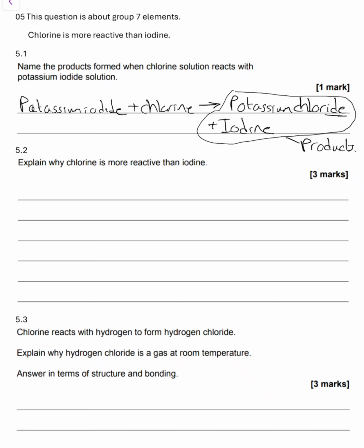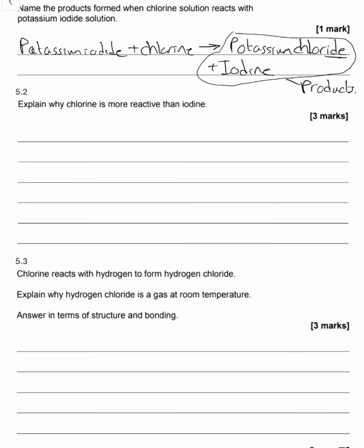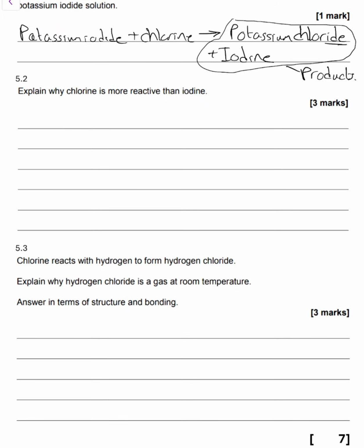Explain why chlorine is more reactive than iodine. This is one of those questions that you just have to go away and memorize. It's a real straightforward kind of like memorize 3 steps.